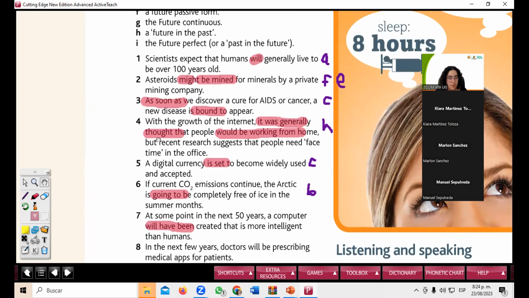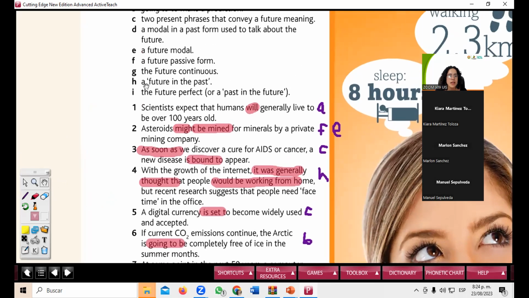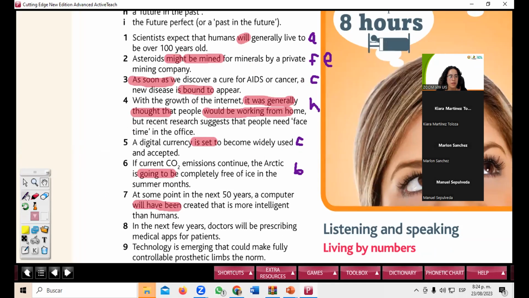So this is E. This is I. The last one, the future perfect, yes. Or this is the past in the future, será realizado, ¿no? It's like el pasado del futuro. Para ese momento se habrá realizado. So we say letter I, okay? Letter I. ¿Alguna otra? Any other that could apply?